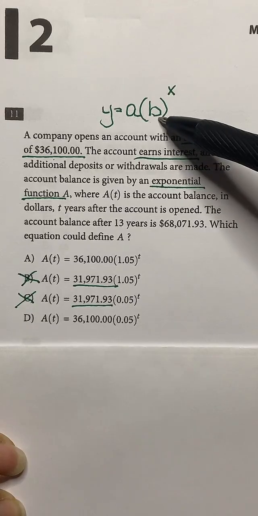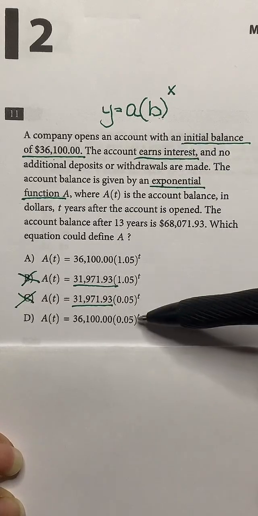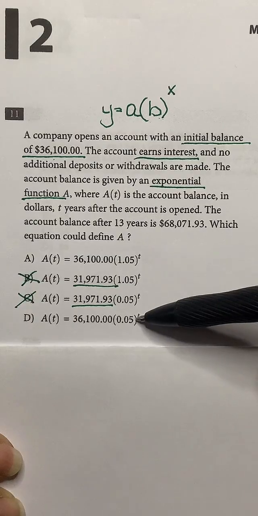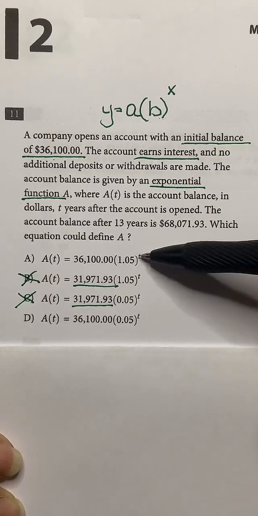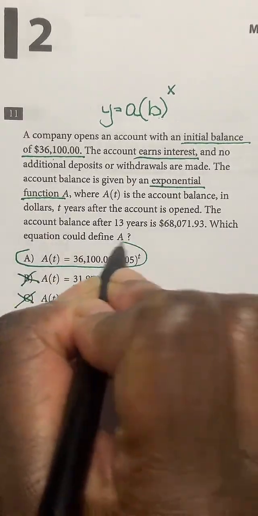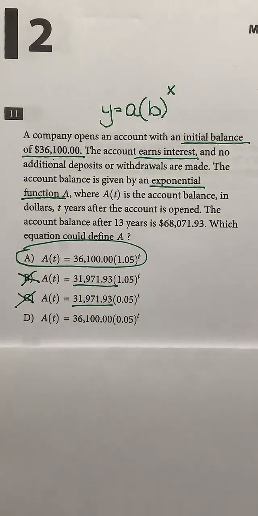So inside the parenthesis, if it's more than 1, it's a growth. If it's between 0 and 1, like 0.75, 0.50, that's considered decay. So that's the difference between A and D. A gives us our 1.05, and D is giving us a 0.05. This is a decay. This is a growth. So your answer is going to be A.